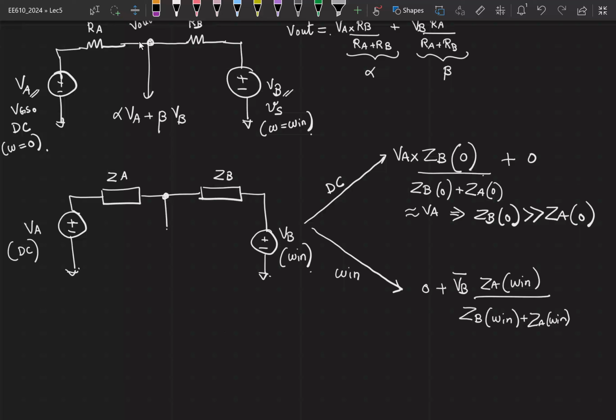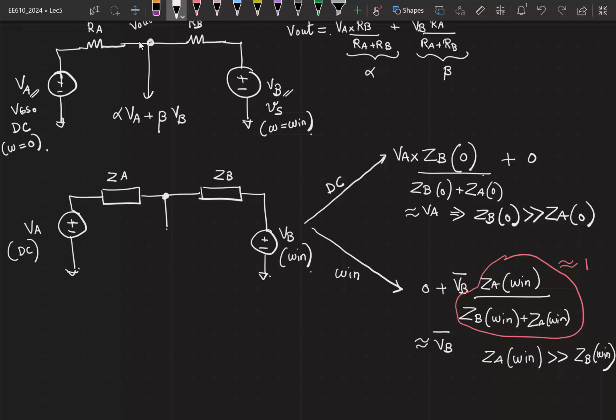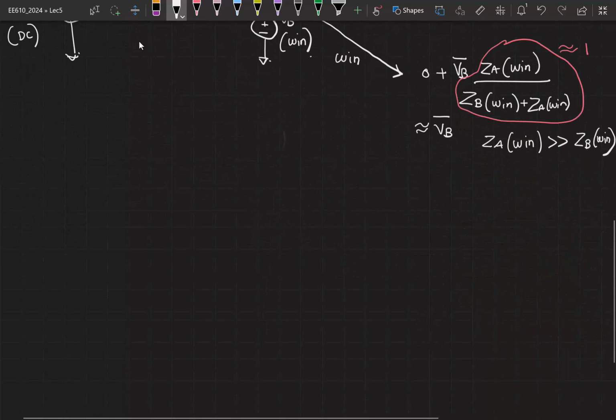Now similarly, I want the component at omega n to be equal to whatever I have given at the input, the maximum amplitude. What is the condition for this? That would mean that your factor here has to be almost equal to 1. And when do you get that? ZA at omega n has to be much greater than ZB at omega n. So now we have got two conditions.